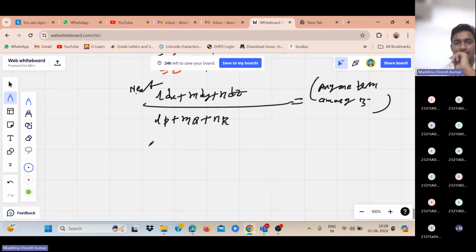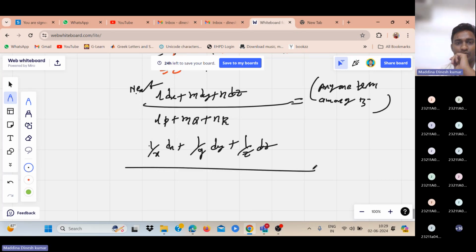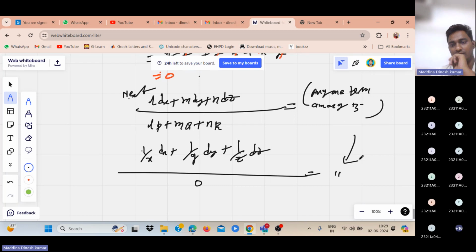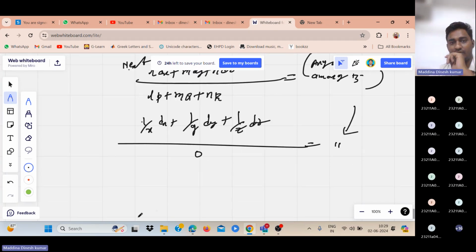Here we will get LDX, that means 1 by x dx plus 1 by y dy plus 1 by z dz. So we know very well that LP plus MQ plus NR will become 0. So any one term we will equate. Okay. So 0 into the term will become 0.